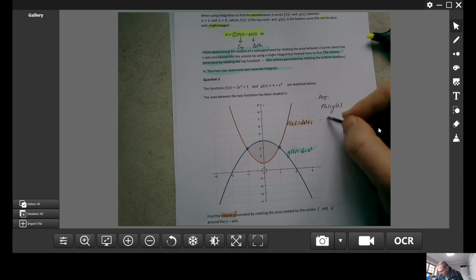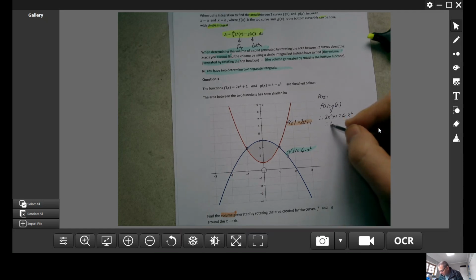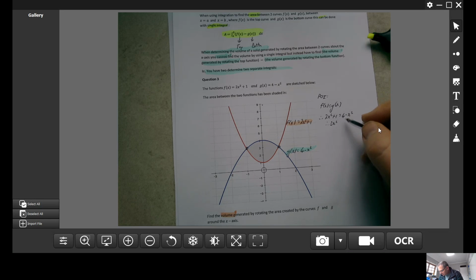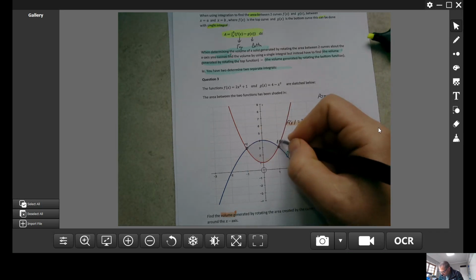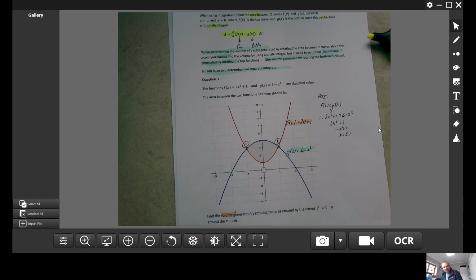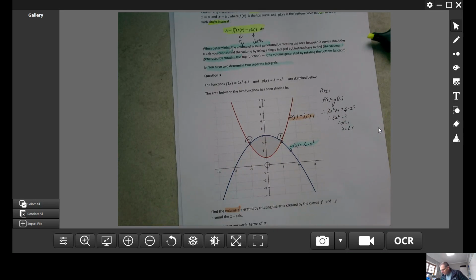So in other words, when 2x squared plus 1 is equal to 4 minus x squared. So you're going to get 3x squared is equal to 3. x squared is 1. And as you can see from the graph, x is equal to plus or minus 1. So always make sure you find the point of intersection unless it's specifically given to you. In a case like that, it will be given to you, but just to show you.